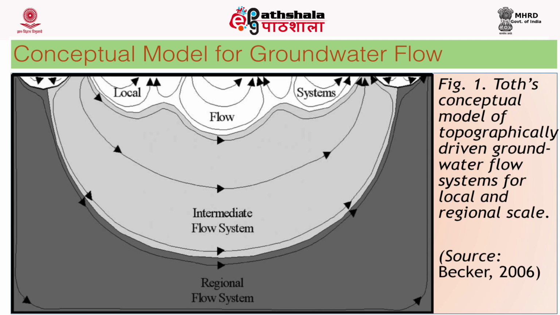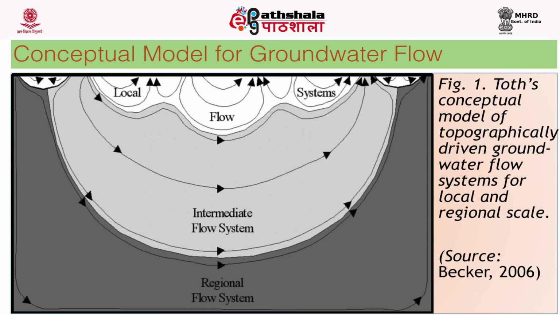For a groundwater flow model of an area, we require to know what are the basic flow models of that particular region. So, the conceptual model for groundwater flow is based on Toth's conceptual model, where groundwater flow is topographically driven, for local and regional scale.